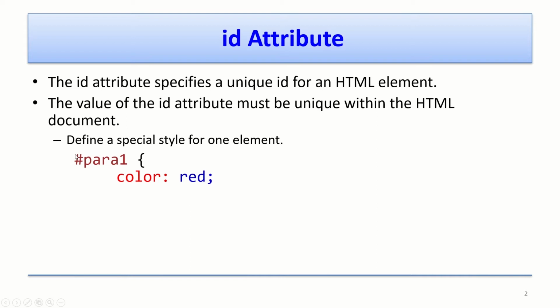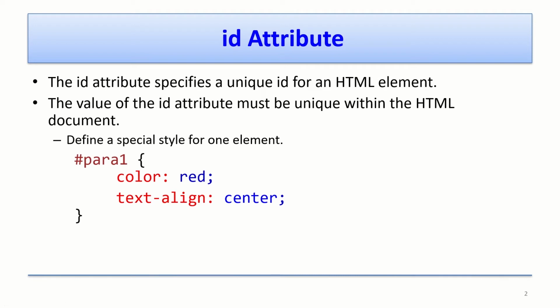An ID always starts with the hash symbol. You put the hash symbol and then set the ID name. This name should be unique within the HTML document. Then we can set any CSS property. Here I set the color and the text alignment.